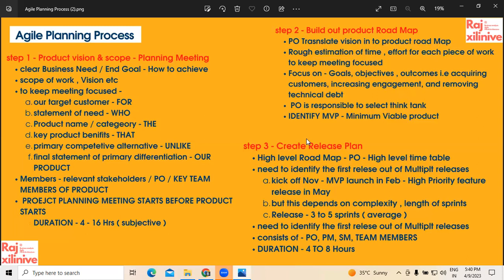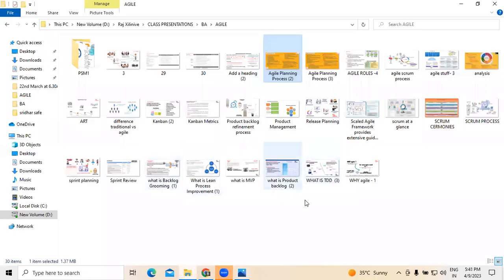They need to identify a minimum viable product. Based on the visualization of the roadmap, what a PO has decided, end of the day, the development team followed by others should identify the MVP. This is what minimum viable product stands for, right? That's what we do. So this is what generally an MVP is all about.